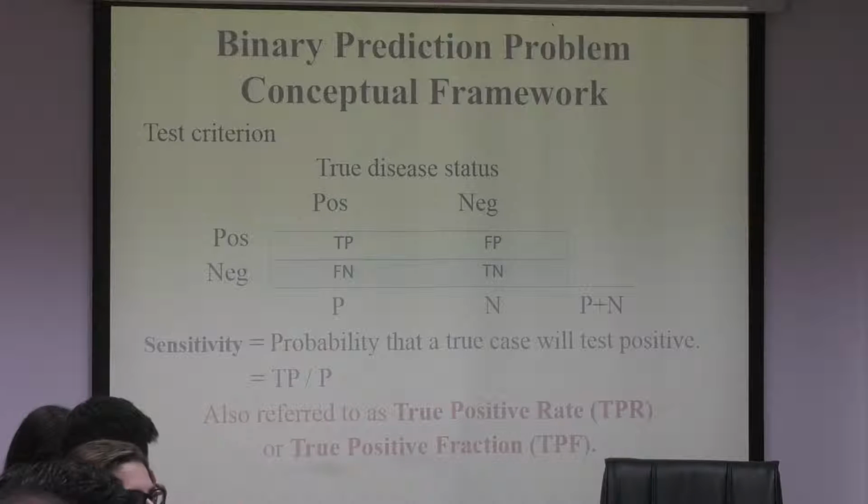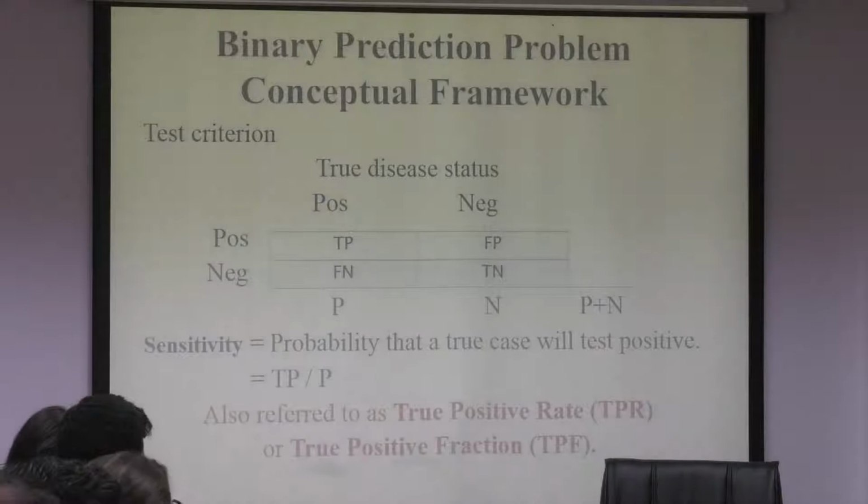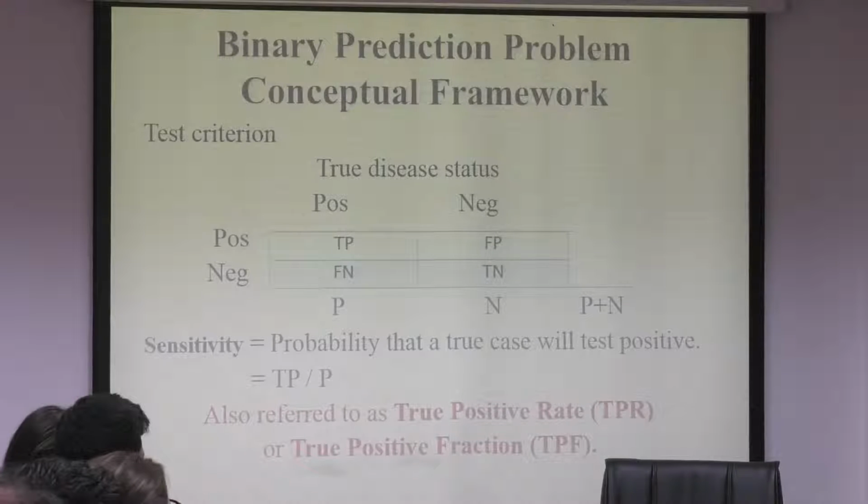It is the probability that a true case will test positive. So as if I'm telling you, among those who are really diseased, what is the probability that the person will test positive? So it is the column, which is the true positives and the false negatives, which add up to how many people have the disease. Okay?